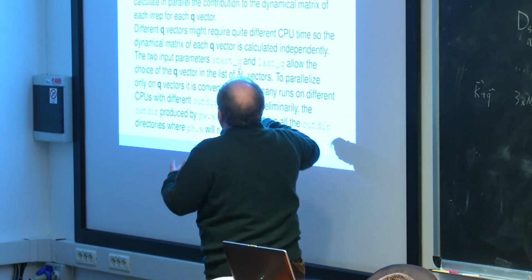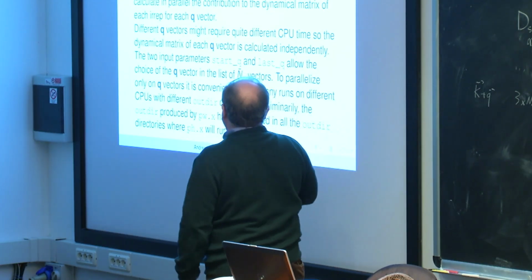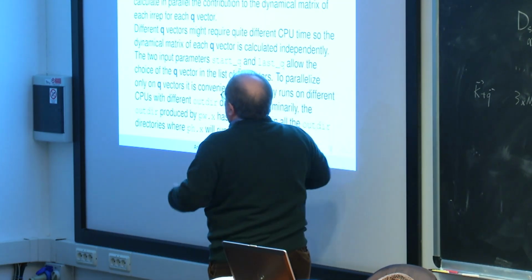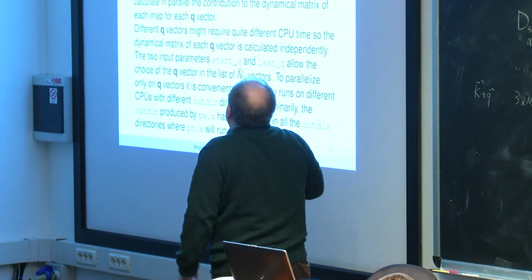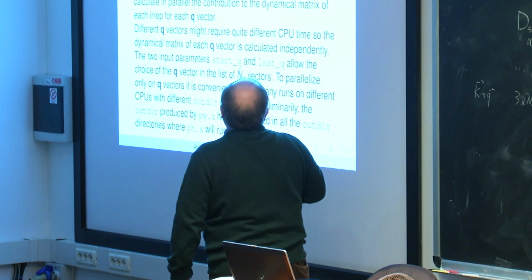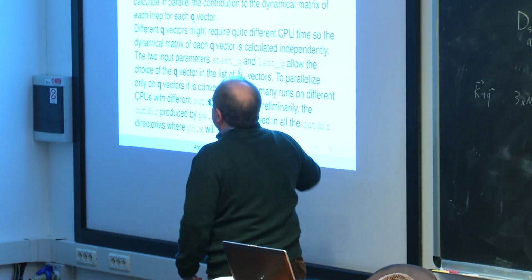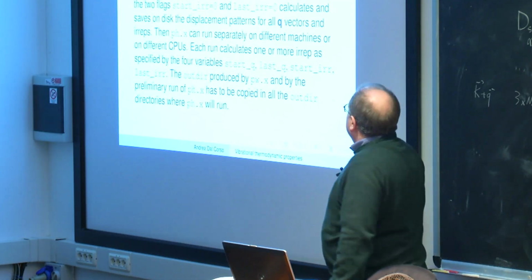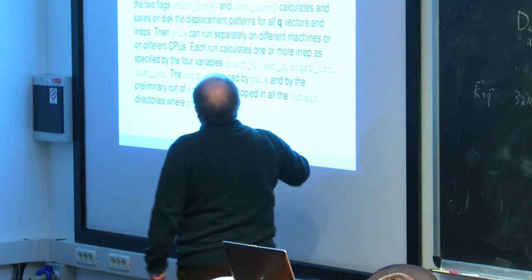If it is 2, you do the second Q point, and so on. In principle, you can send these to different directories, even to different machines, and then collect the dynamical matrix for each Q. This is called the grid approach.